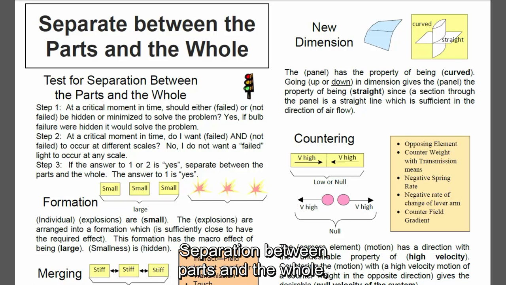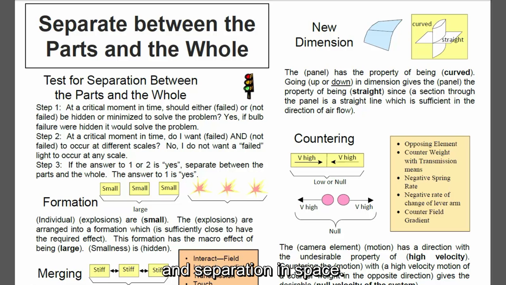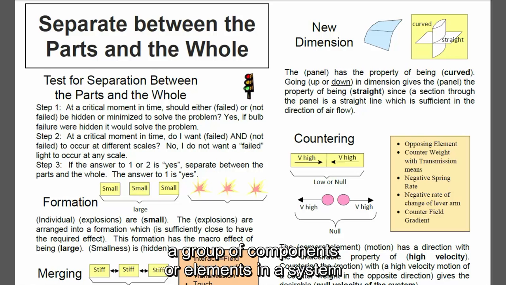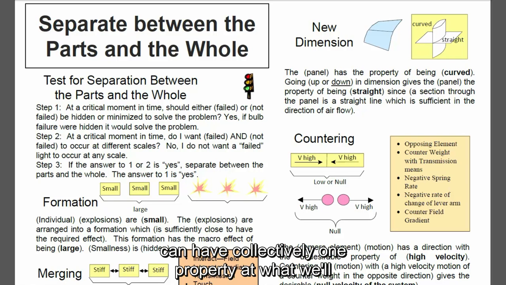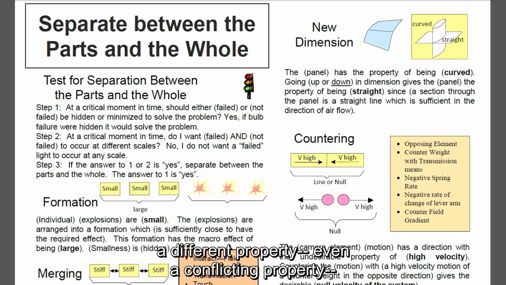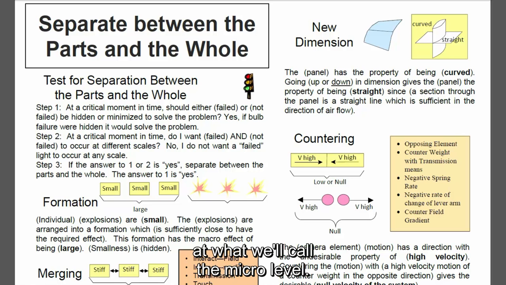Separation between parts and the whole is different from both separation in time and separation in space, because here we're talking about a situation where at the same moment in time and in the same space, a group of components or elements in a system can have collectively one property at what we'll call the macro level, while individually a different property, even a conflicting property, at what we'll call the micro level.